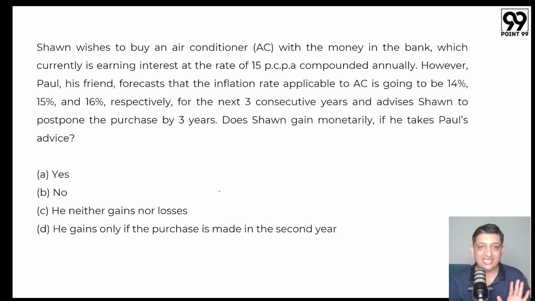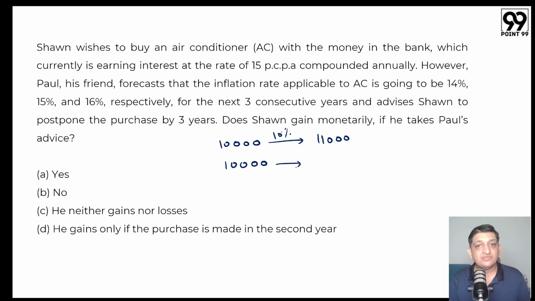So for example, I will give you a simpler example. Let's say you want to buy a phone of 10,000 rupees today. But let's say for example, 10,000 rupees if you keep in a bank, it's going to grow at 10% per annum, which means you are going to get 11,000 rupees. But this phone will undergo inflation of 6%, let's say, and maybe 1 year later if you want to buy this phone, you will have to spend 10,600.